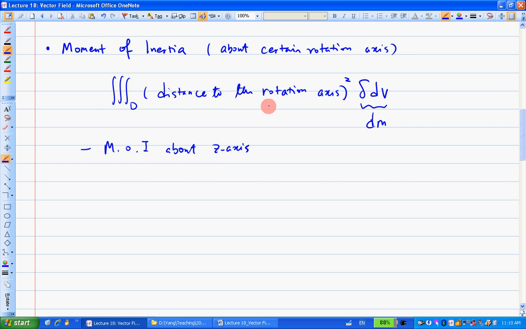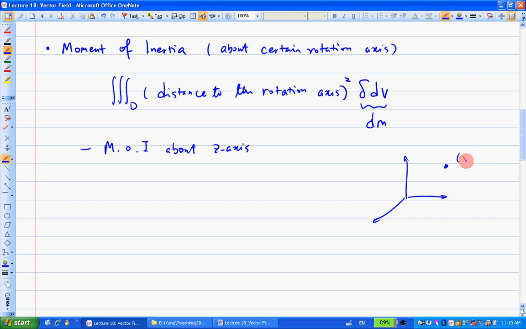I'm talking about the distance from a point in the region D on the solid to the z-axis. The point has coordinates x, y, z. So what will be the distance from that point to the z-axis?